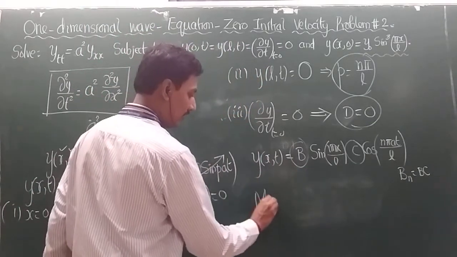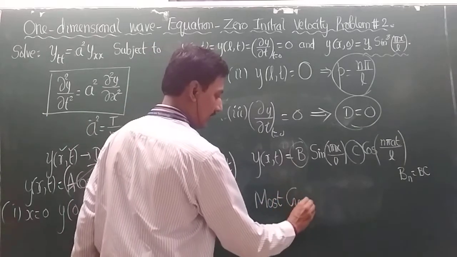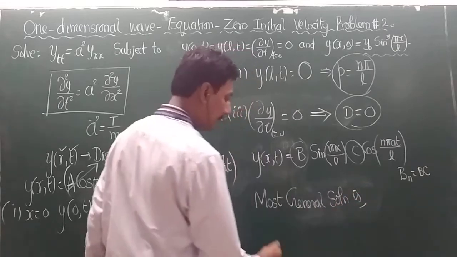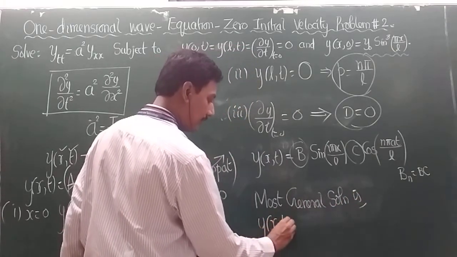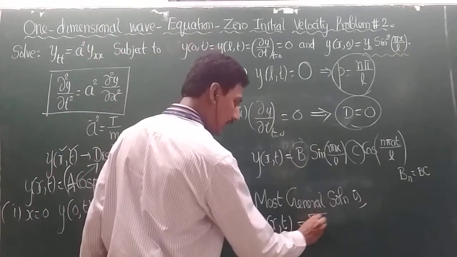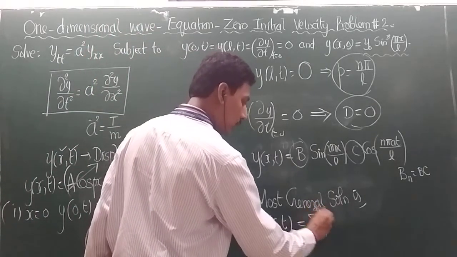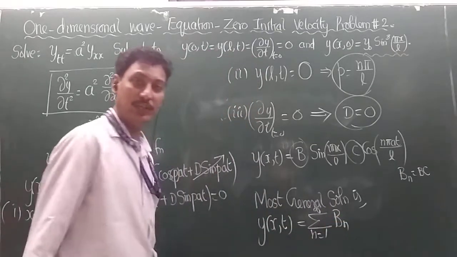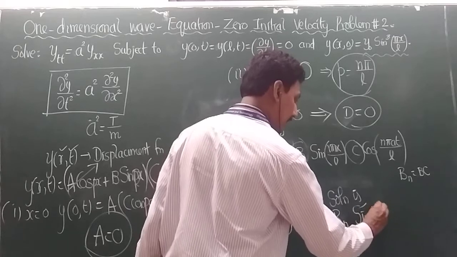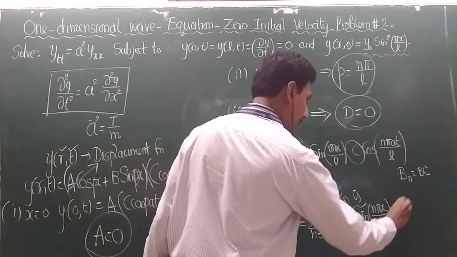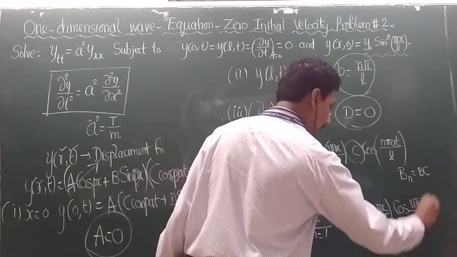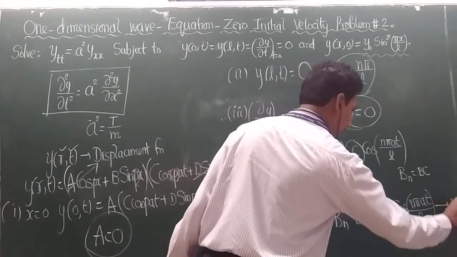The required displacement function y of x comma t is equal to, by combining all possibilities, sigma n equal to 1 to infinity, Bn sin n pi x by L into cos n pi a t by L. So this is my required displacement function, star.